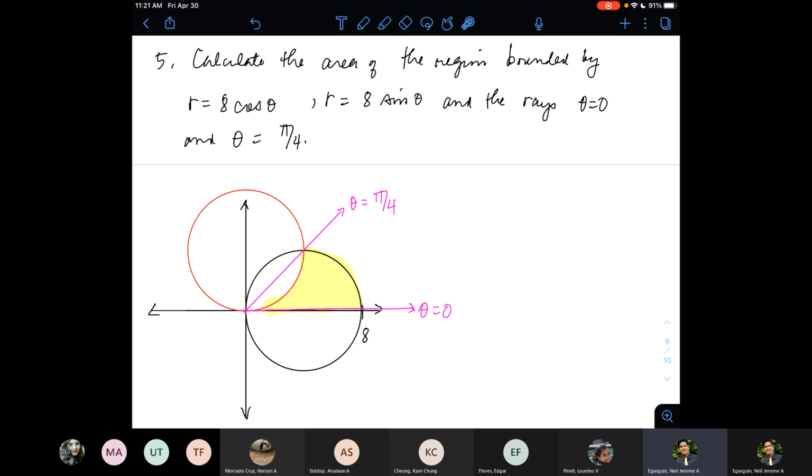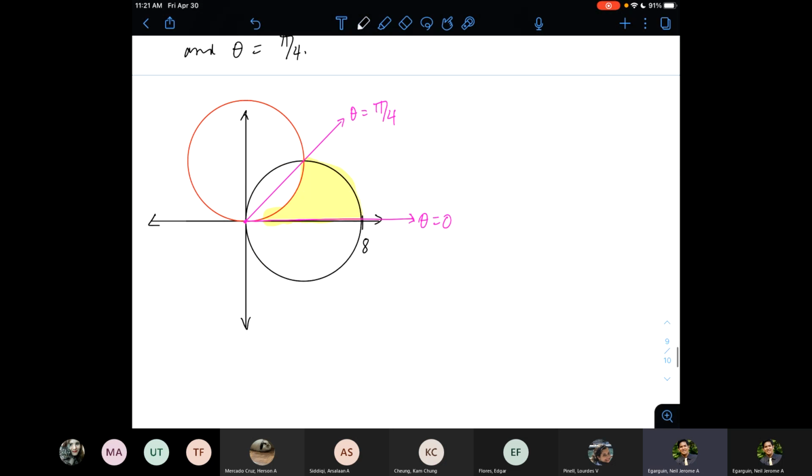So it doesn't count as being bounded by the black circle. So we need to go over here, all right? So now the area would be, okay, area. There's a mainstay 1/2 integral. Let me put it here, okay? For the bounds, well, we know that the region starts from theta equals 0 until pi over 4.